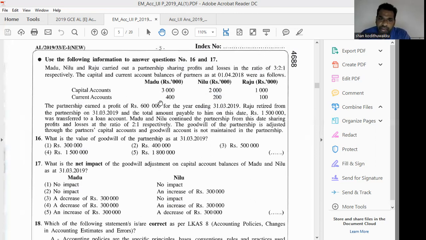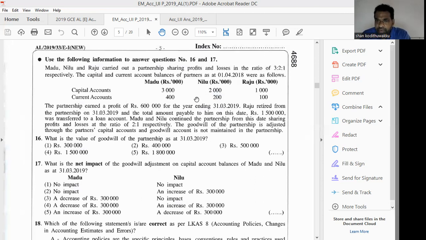As we are given profit for the year 600, we have to distribute the profit among partners depending on the profit sharing ratio 3:1. When you divide 600 by the total of the profit sharing ratio, 100 goes to Raju, 200 goes to Nilu, and 300 goes to Madhu.